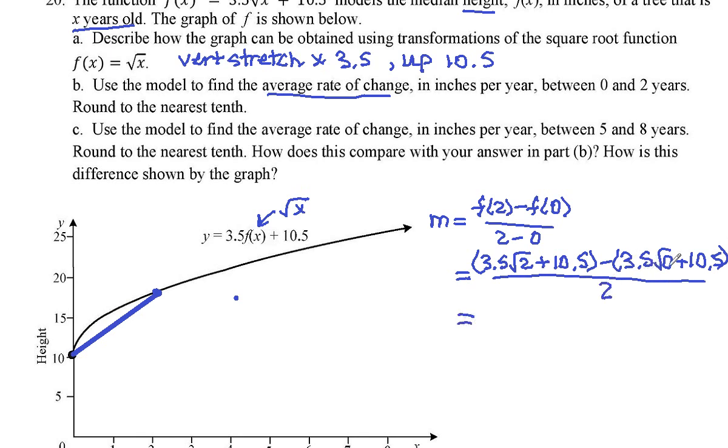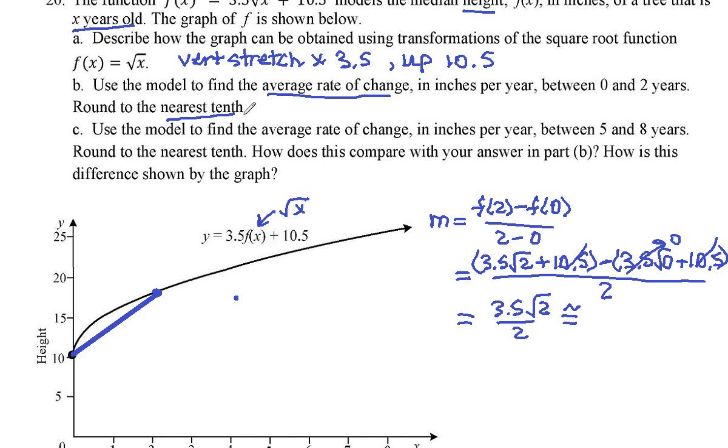And then 3.5 times 0, that's just 0. And then we've got a positive 10.5 and a negative 10.5. These guys just cancel off. So we're just doing 3.5 times root 2, and then divide that by 2. And then round this to the nearest 10th, as given here.